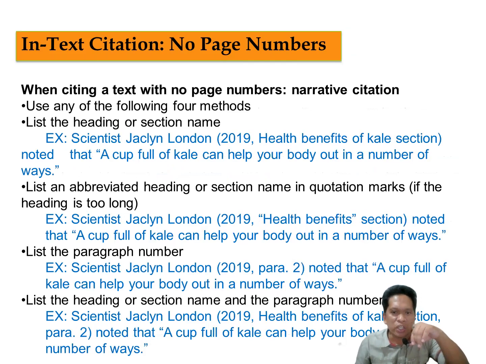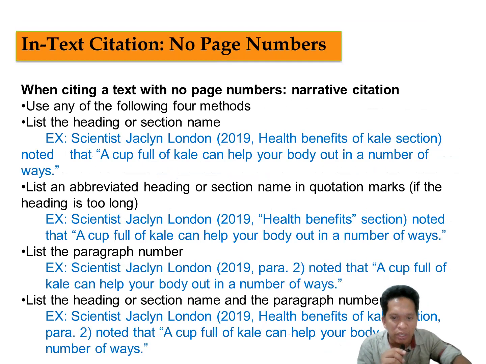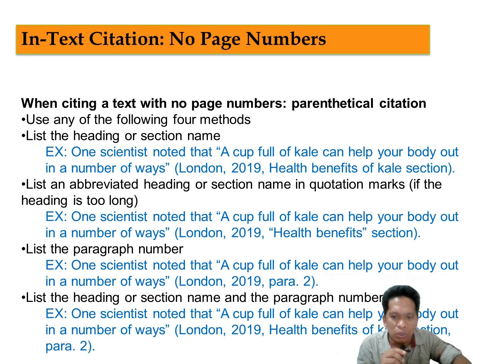When citing a text with no page numbers in a narrative citation, use any of the following 4 methods. Again, citing a text with no page numbers, then that's how you do it. Okay? You have an example there. I think they are the same as the previous slides. So that is in the parenthetical.